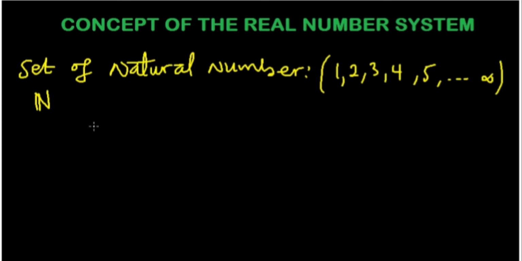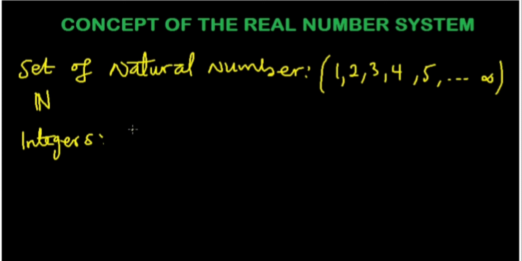Now, what do we mean by integer? That's the terminology that we are going to be checking. The set of integers involves both the positive and the negative numbers, including zero. So in the set of integers, we have zero.